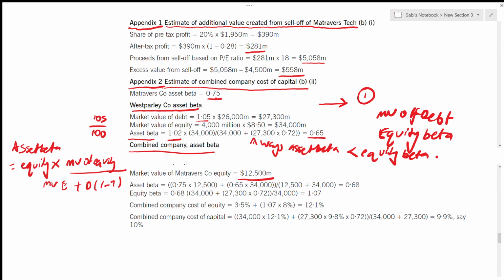Plus, you have to take the Westphal asset beta, which we have just calculated as 0.65. Market value of equity is 34,000. Done. Divide the whole thing by the addition of the equity of both. You are not taking debt because they told in proportion to the market value of equity, right?